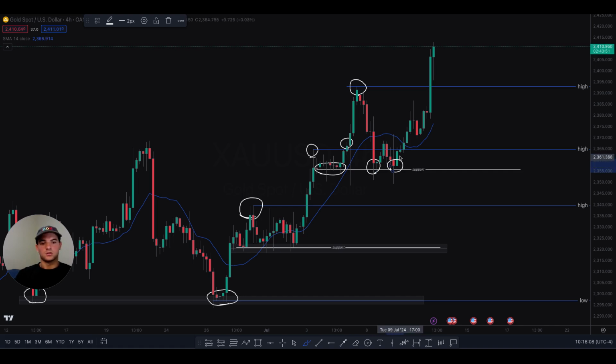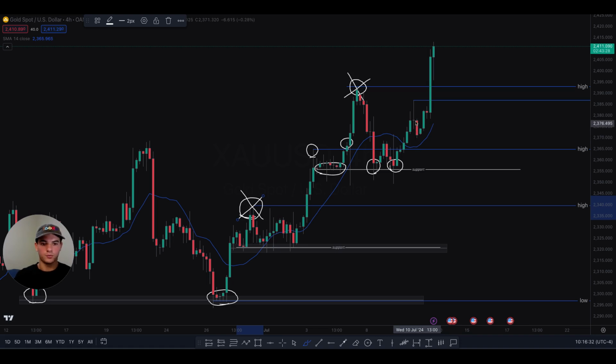Okay, so now we basically have this high and this level of support. And then this is the tricky part when most people will get it wrong. Okay, so for us to keep going bullish, we need to break this high, right? Just like we had to break this high. So breaking this high is our next target.